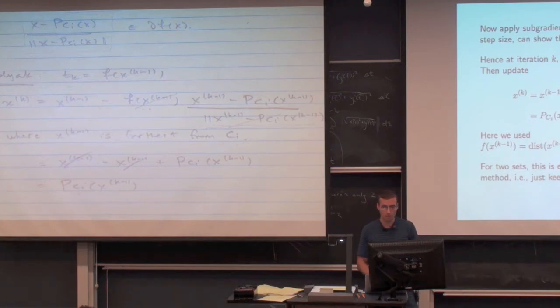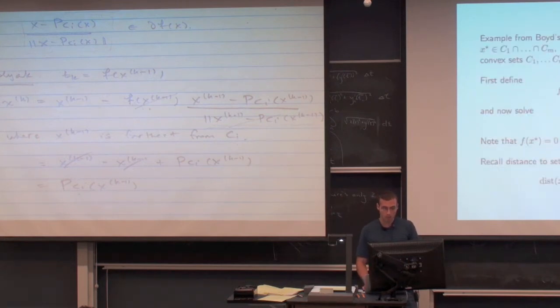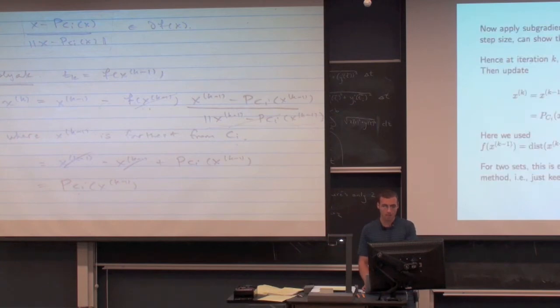It's just that Polyak step size is only used when you know what the optimum value of the function should be. So if I know what f of x star should be, I can use the Polyak step size. And in this case, the optimum of the function value is going to be 0, if we know that we have a feasible point to begin with. So there's a step size prescription for tk, and we have to use f of x star in there, but you don't see that up here because it's 0 in this case.